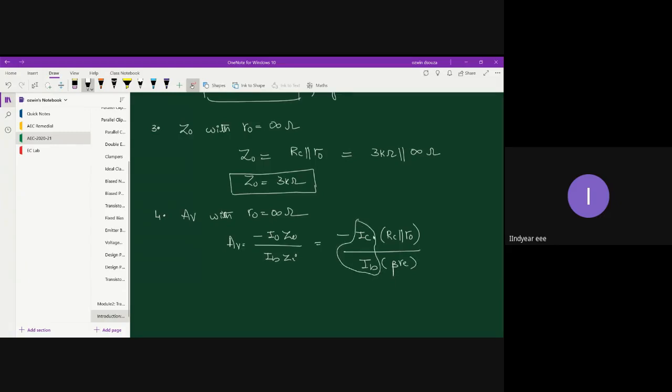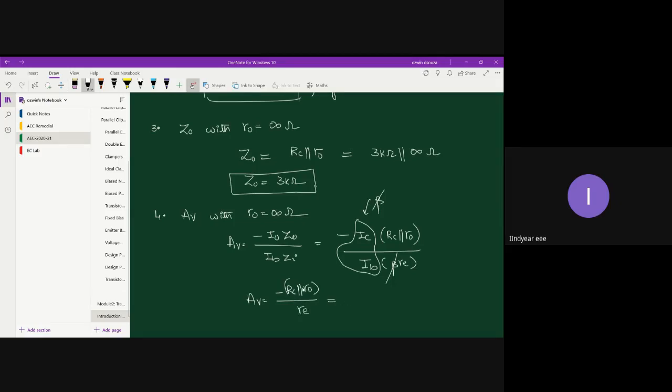You know that IC by IB is beta. So this beta and this beta get cancelled. So AV is minus RC parallel with R0 divided by RE.